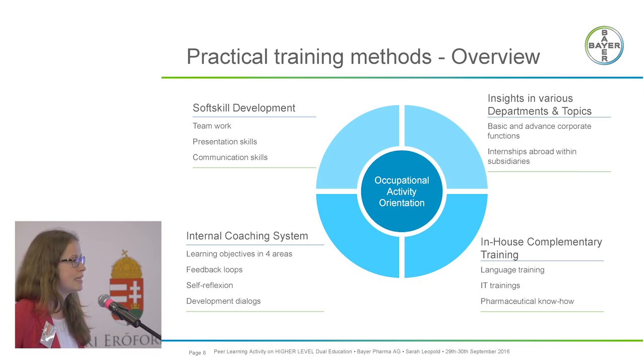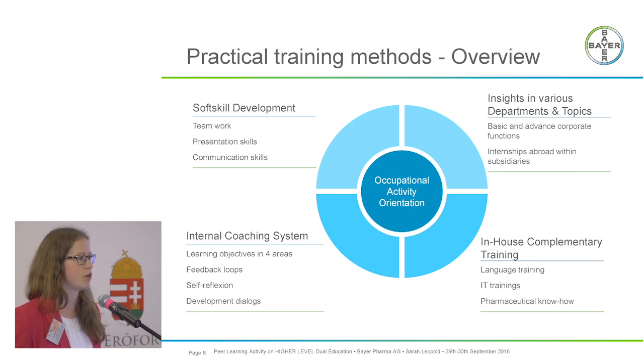And as I said, we have this system of 6 internships, and within those 6 internships our students gain various insights. This is the right bubble above. What we are trying to do is give our students a broad overview for their personal development, to find out in which area they would like to work in the future.